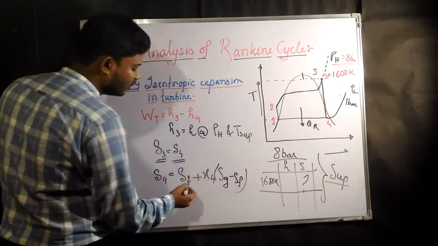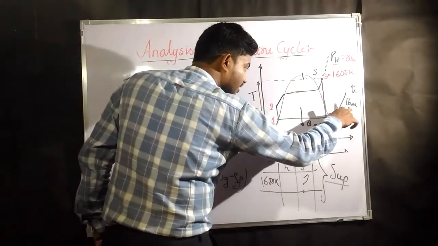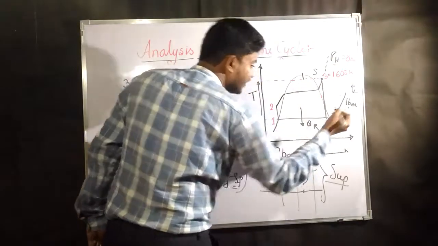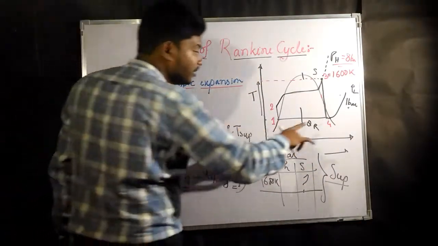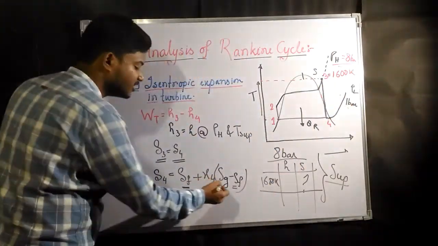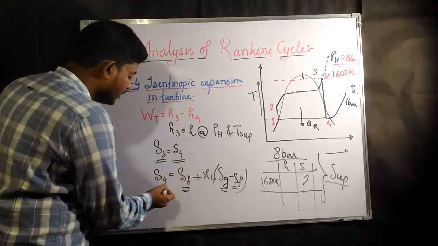So SF you have already found out from the steam table, and again at that particular pressure 1 bar, you are going to find the entropy SG, the entropy of the substance in gaseous line at that pressure, which would also be given in the steam table.